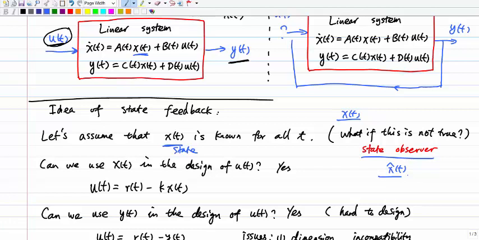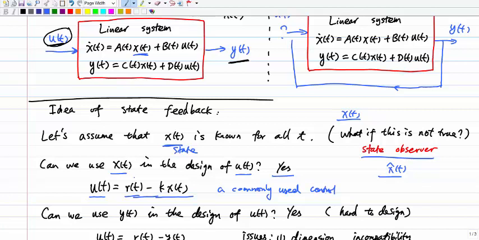So the first question is, can we use x(t) in the design of my u(t)? The answer is yes, of course. For example, I can design u(t) = r(t) - kx(t), which is a very commonly used control, state feedback control.